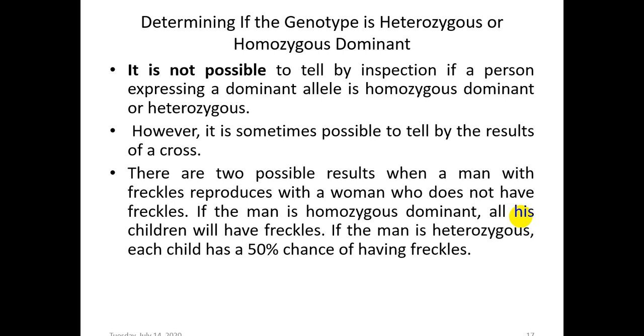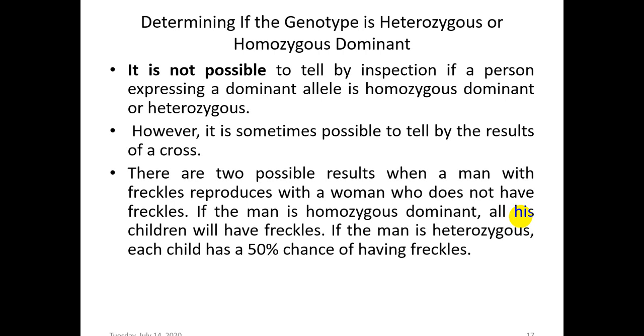So you take this man and try to find a woman for him with no freckles, and try to persuade her to marry him and ask them not to argue with each other until they have many children, 4 or 5 children. Then you will wait and see if all the children have freckles.